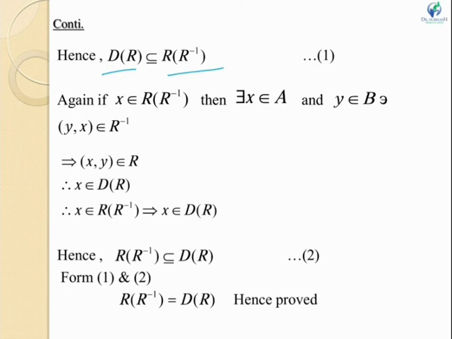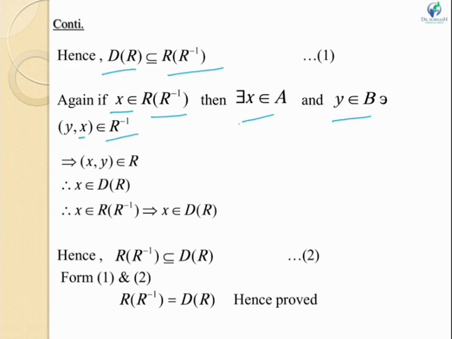Now again, in reverse, I have to prove that the range of R inverse is a subset of the domain of R. Now I am taking x belongs to the range of R inverse. If x is in the range, then it must be the second element. Then there exist x belongs to A and y belongs to set B, such that (y, x) belongs to R inverse.